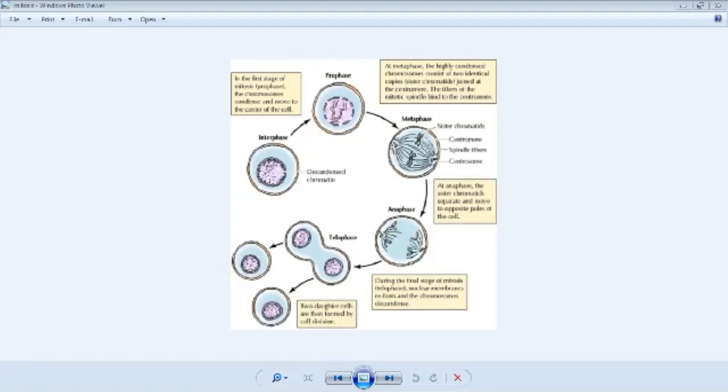So prophase is the initial stage, then the metaphase where the sister chromatids are formed, then they move towards the opposite poles, and later on equal distribution of all the structures takes place, and the two daughter cells are formed at the end of the cell. So this is the very short cell division of the non-reproductive cells, the mitosis.